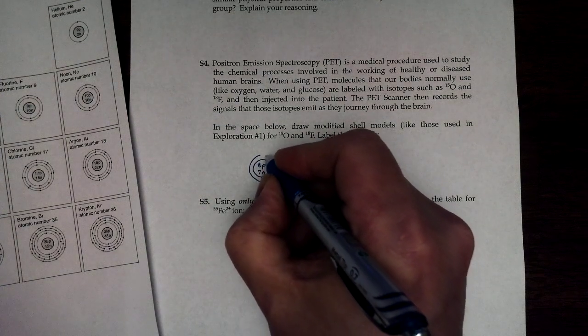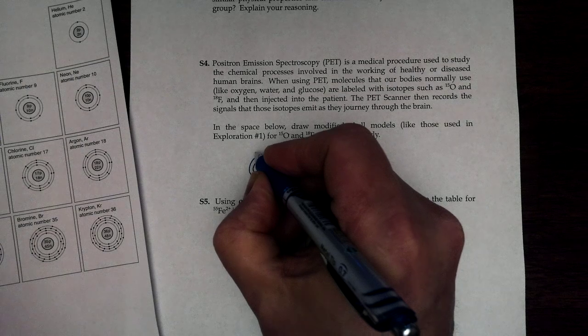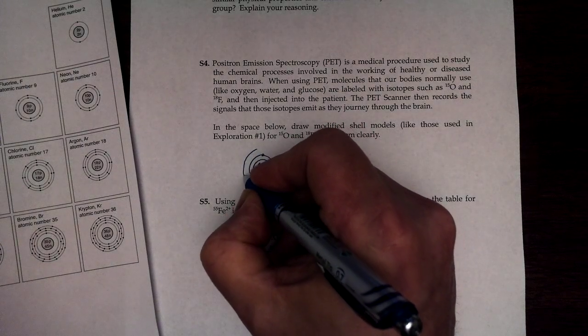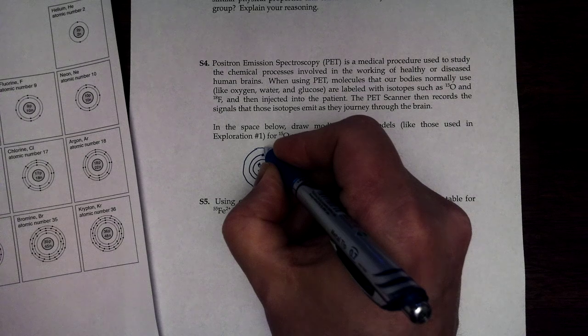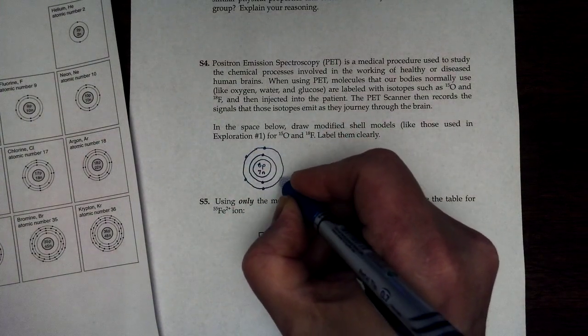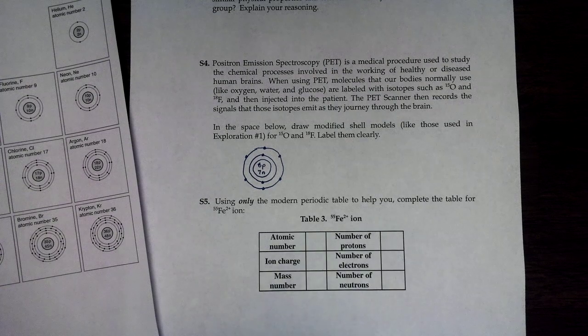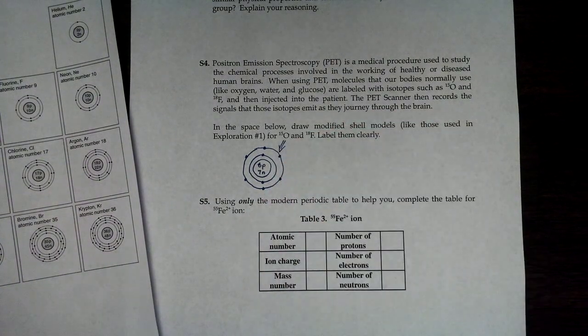The lowest energy level can hold a maximum of 2 electrons, so there are the 2 electrons, and then you would put 6 in the next. It doesn't matter where in that ring you draw those electrons, as long as you have the number right. So there is my picture model of oxygen 15.